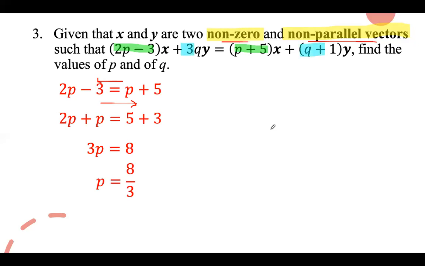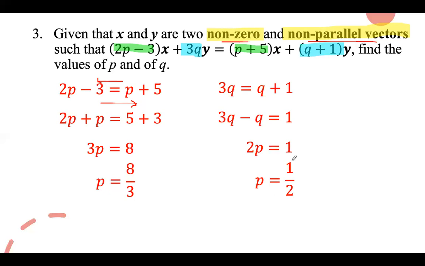Next, 3q equals q plus 1. So 3q minus q equals 1, 2q equals 1. Then q equals half. Here, sorry, this one is q, this one also q, right? Not p.